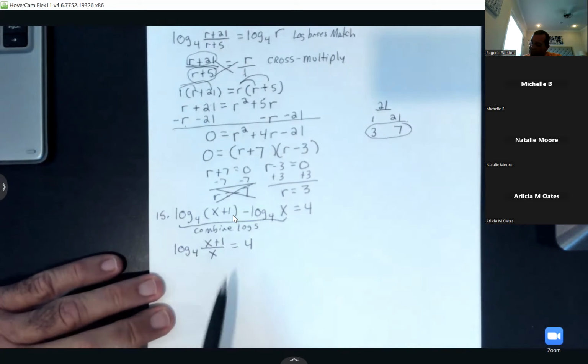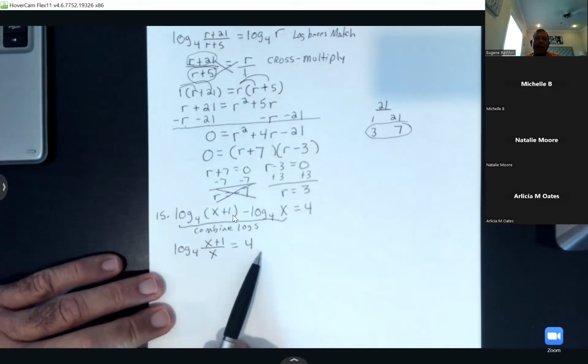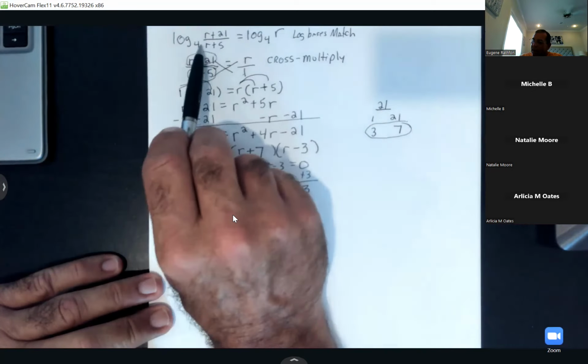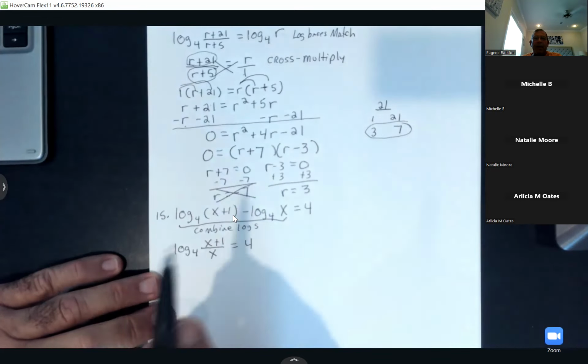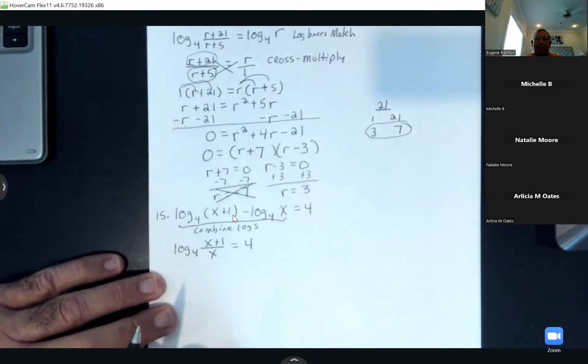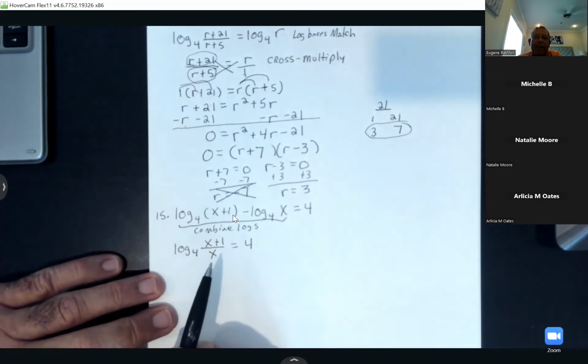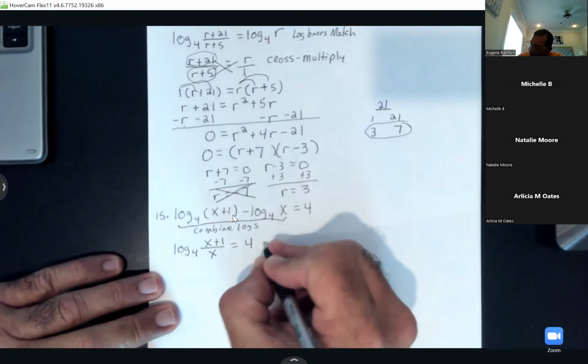Now, notice on this one, I don't have a log on both sides, so I can't do my log-base property like up here. So what we got to do, rewrite this one as exponential.